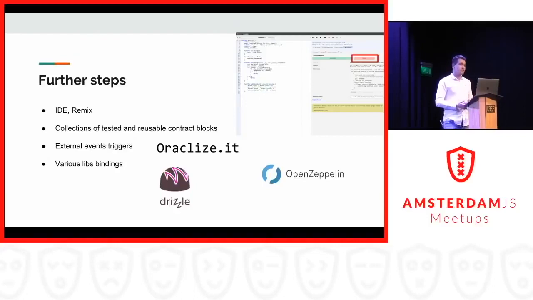And besides that, there are more libraries that provide useful tools for developers. For example, Drizzle, again from the same Truffle project, which has a really nice wrapper for apps using Redux. So basically you can have your state partly communicating to a blockchain. So there are numerous improvements and a lot of things to learn.